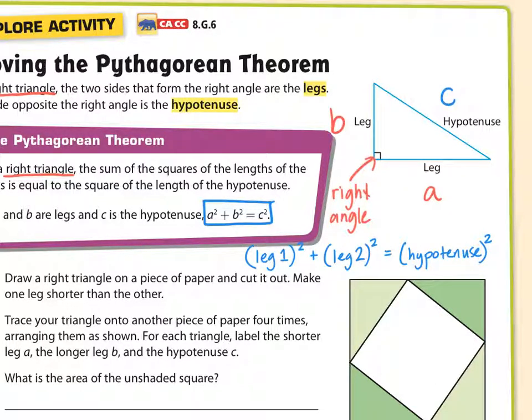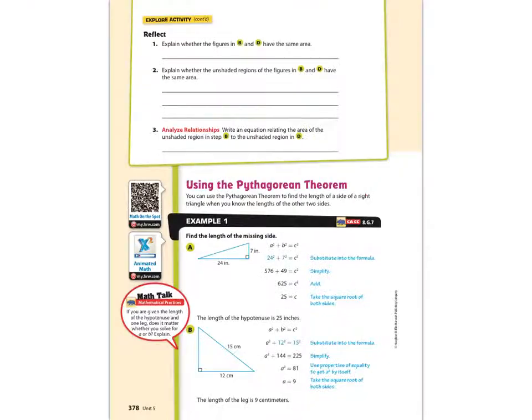Remember that squaring a number means you multiply it by itself. I do leg 1 and leg 2 so that you don't use the same leg twice. Since we have two of them, make sure you use each one, one here and one in the other parentheses.